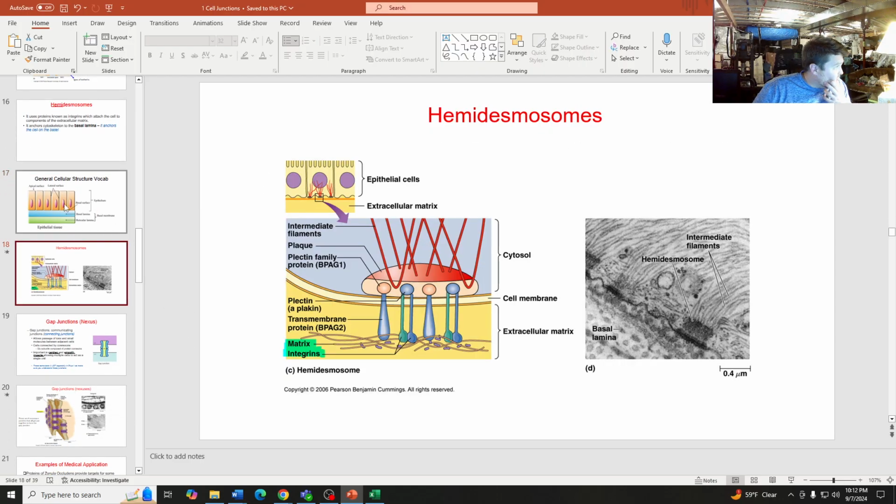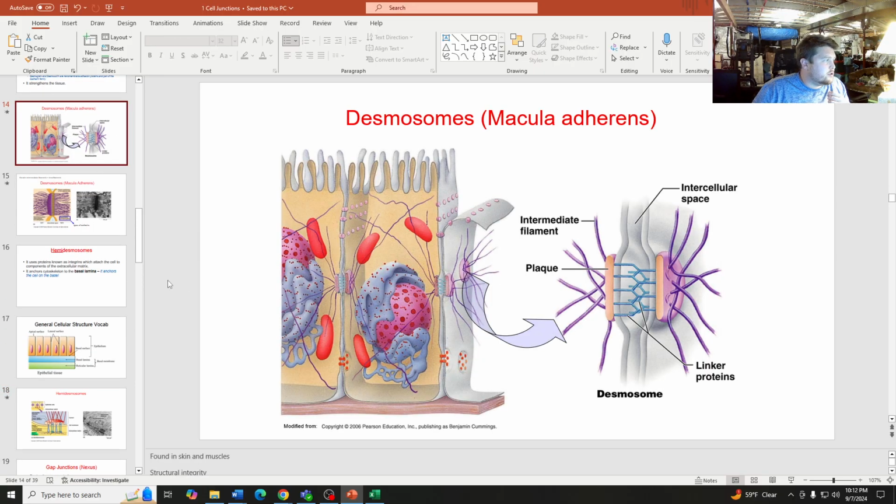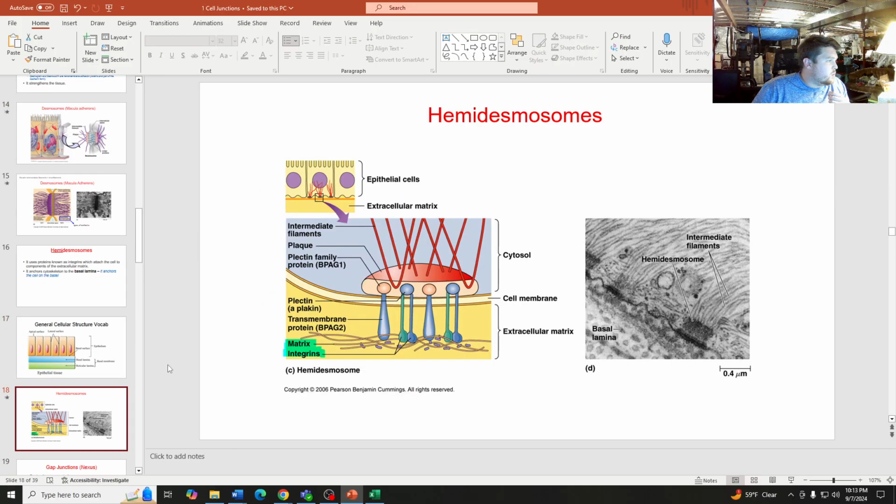Here is what they look like. Again, the little half disc, whereas with the desmosomes, we have the two discs. We have the one single disc. From the cytosol, we have, again, those same filaments coming up through.